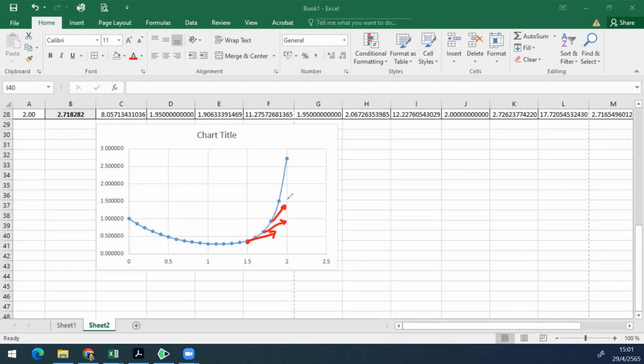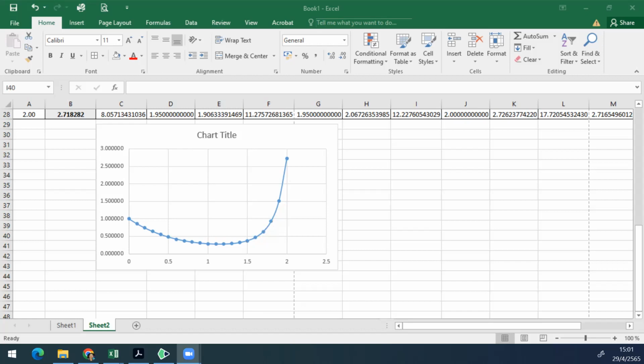So when we use the step size of 0.5, it maybe gives us a not good result as we have seen before. So we have to adjust the step size for this type of problem.